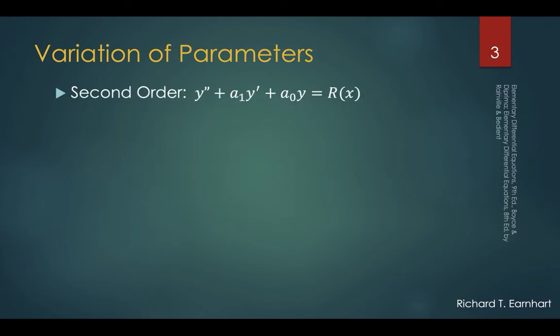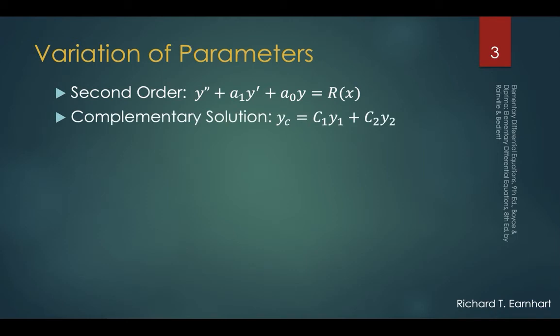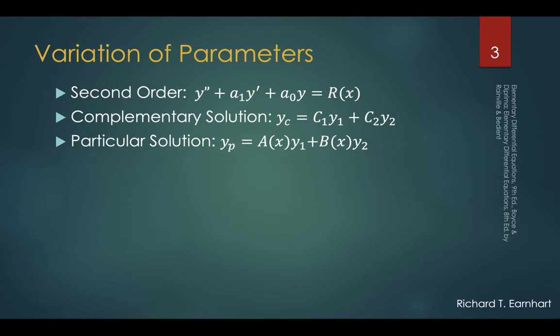To solve a second order differential equation, suppose we have the complementary solution y sub c equals c1 y1 plus c2 y2. The particular solution is based on the two linearly independent solutions in your complementary function.